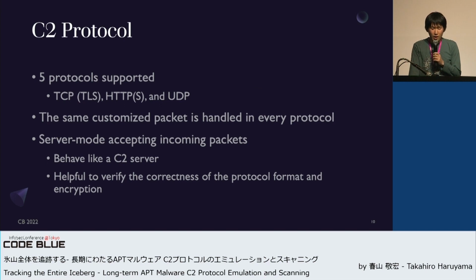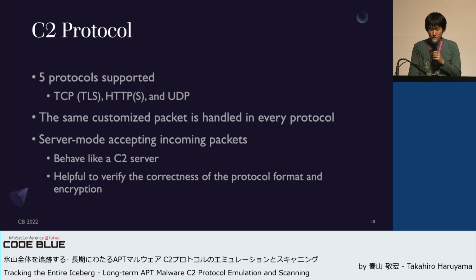The version 4 worker component supports 5 C2 protocols. Basically, the same customized packet is handled in every protocol, but there are minor differences and additional structures. TLS and HTTPS are encrypted versions of TCP and HTTP.